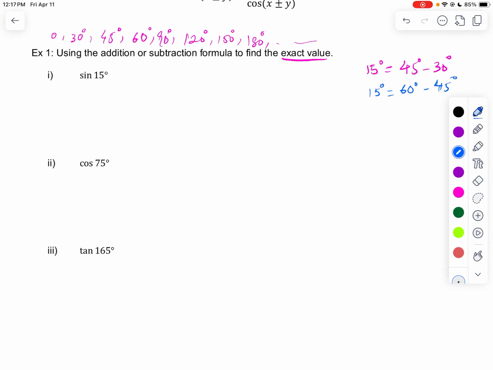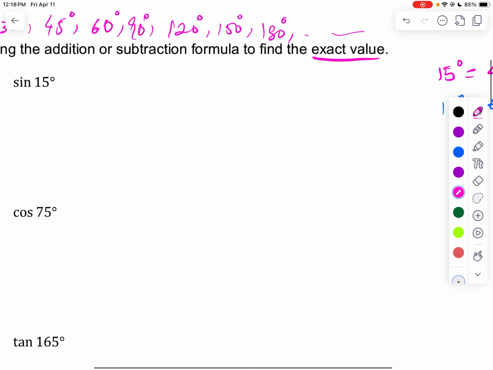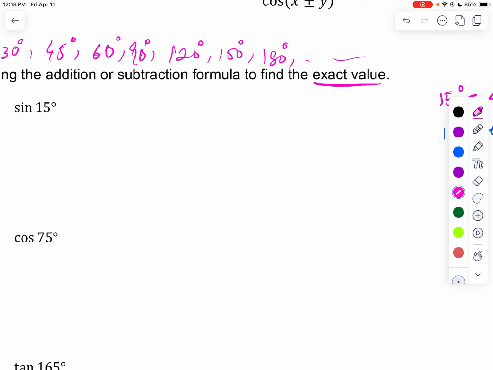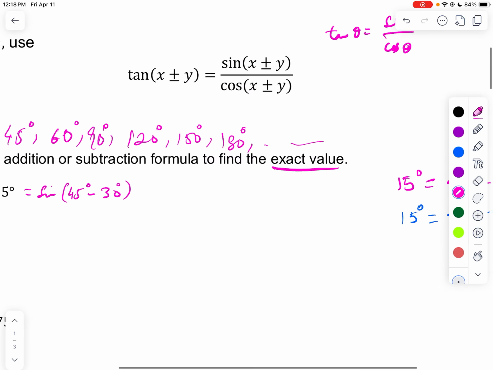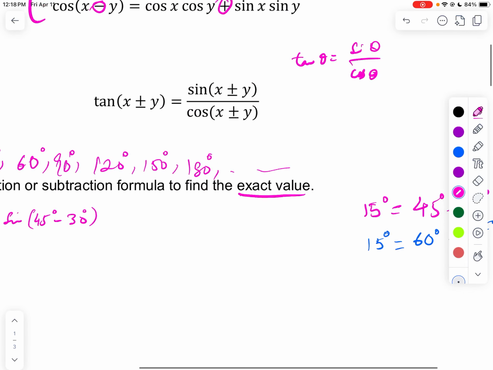And there are a bunch of other ways we can write it. But no matter what form we use, we should get the same answer. So I'm going to use the first one, where I write sine of 15 as sine of 45 minus 30.